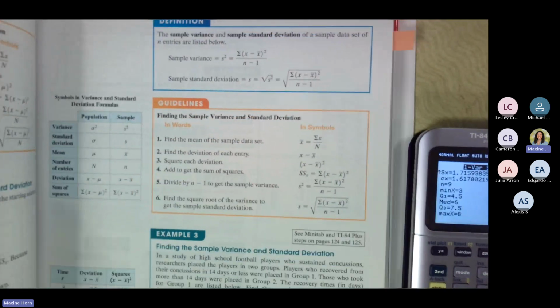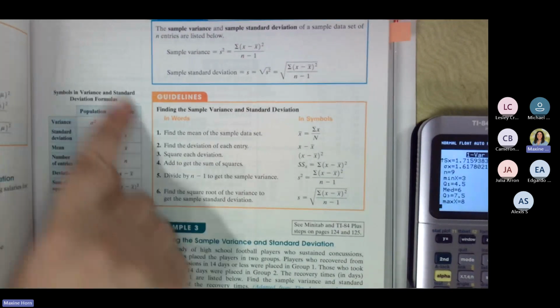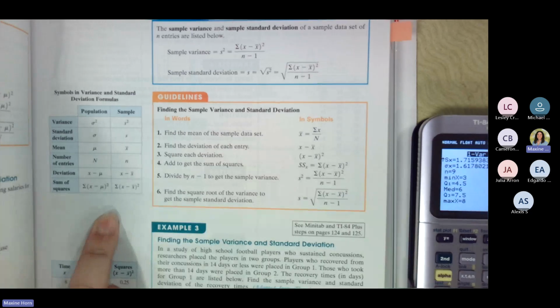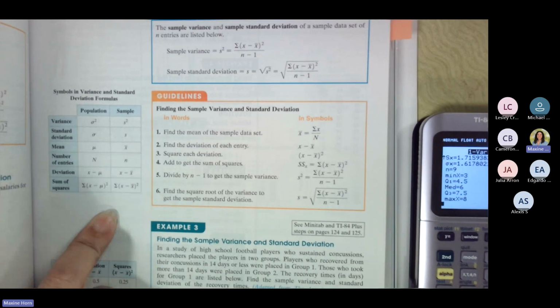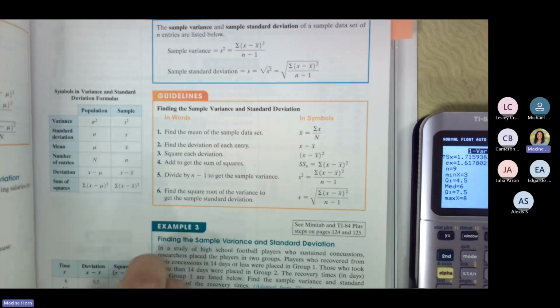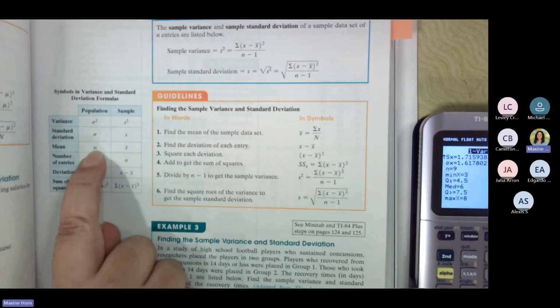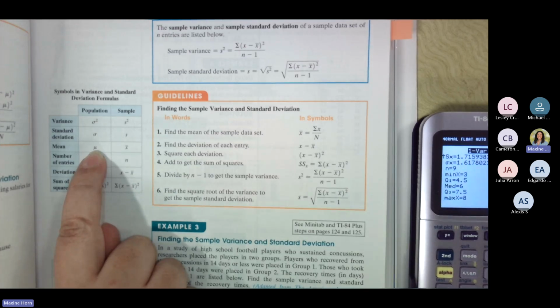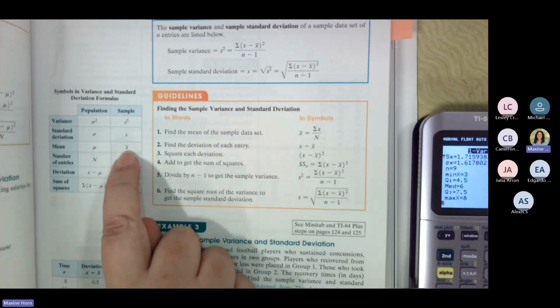All right, so on page 85, it's got this handy dandy little chart that reminds you what all the symbols mean, okay? So this symbol is the lowercase sigma, okay? This symbol is lowercase mu, like mu, pronounced mew, like a cat, mew. Remember, this is pronounced X bar.